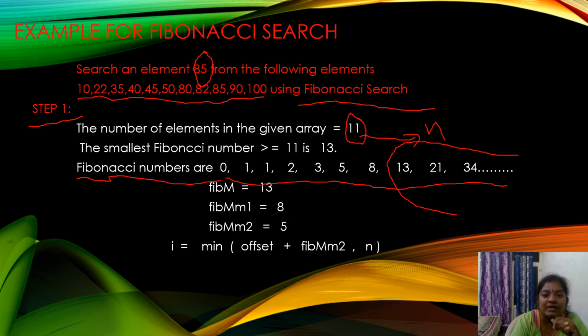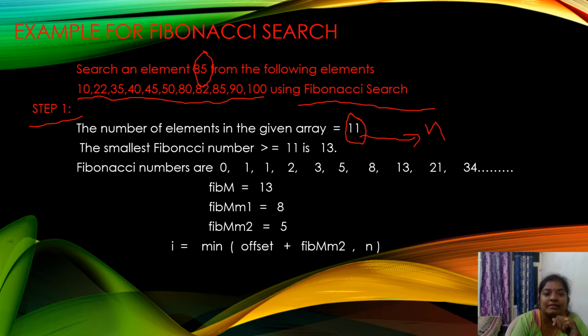Among all those, what is the smallest number? That is 13. So automatically the 13 can be treated as the Fibonacci number.